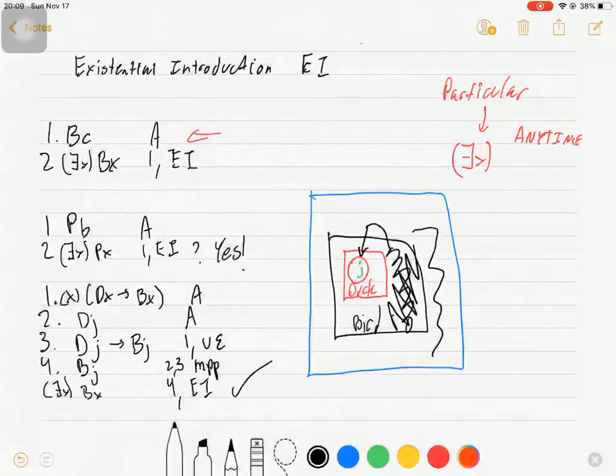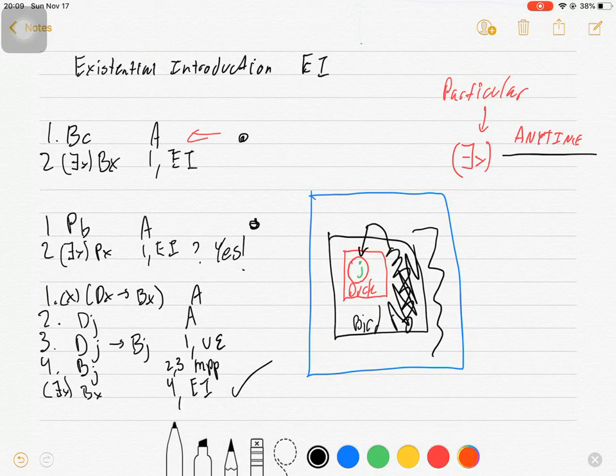So this is a valid inference. As I said, this is a rule that doesn't have limitations. It doesn't matter if we're moving from something that we derived from, in this case, a universal elimination, or if we're just moving from some particular item like here or like here. All these are valid inferences and things that we're allowed to do.